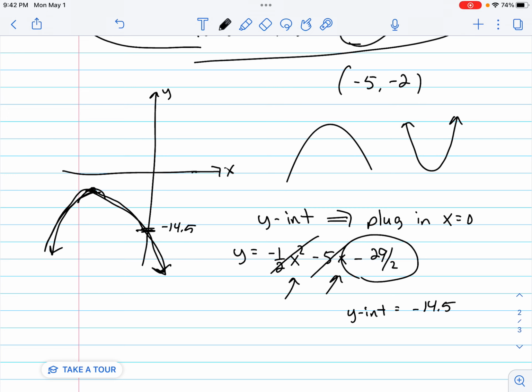I want you to show me that you understand where the vertex is, which is (negative 5, negative 2), and where the y-intercept is. The axis of symmetry then is just a dotted line that cuts the parabola in half, and that's x equals negative 5. It's x equals whatever that h value was. Okay, so that's how you do those.